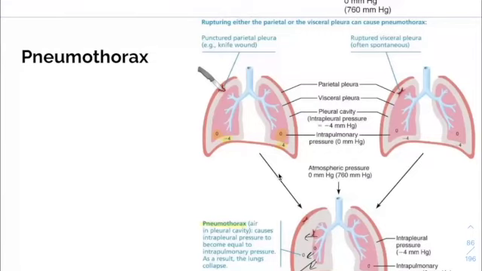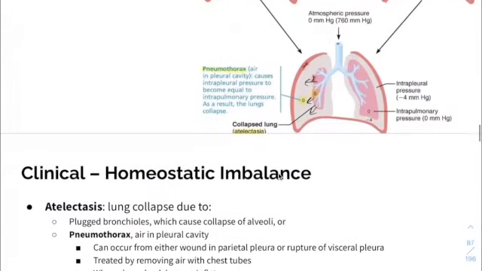When we get that collapsed lung, the pressure in the pleural cavity and within the lung is going to be the same.